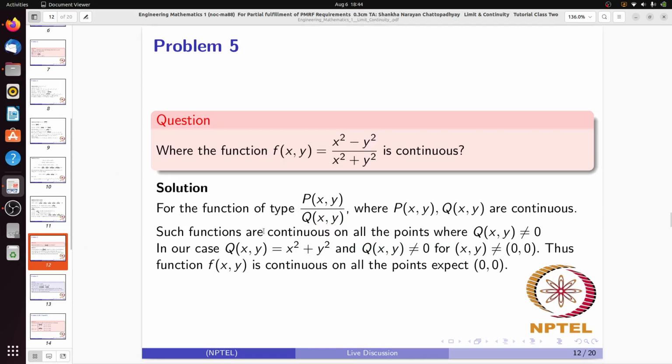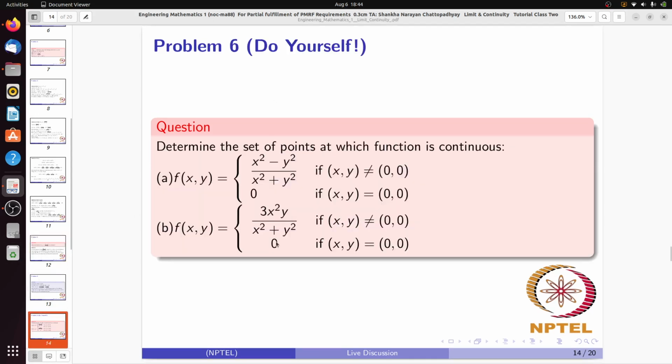This function has a problem only at (0,0). So the first function is continuous in the entire R2 plane except the point (0,0).